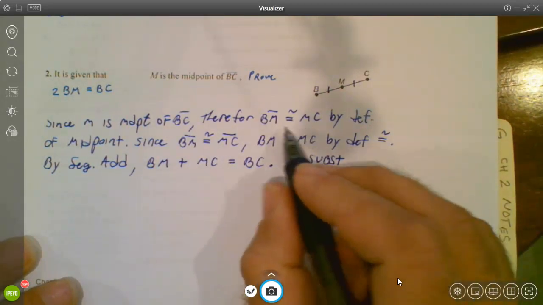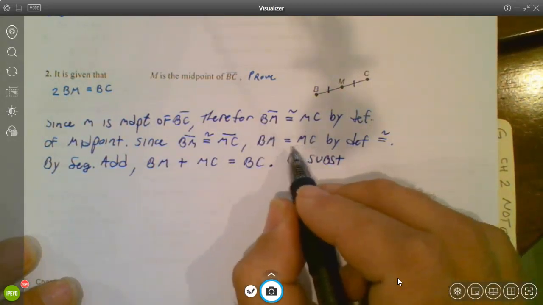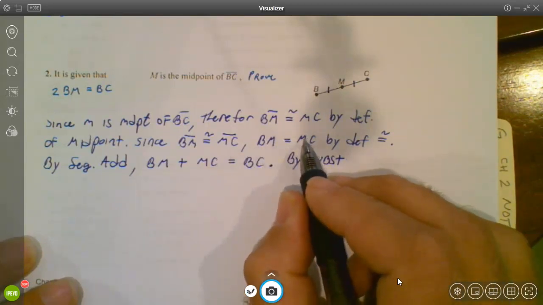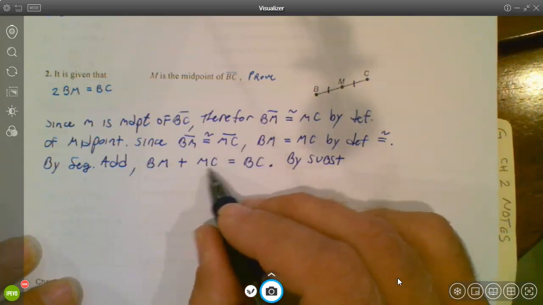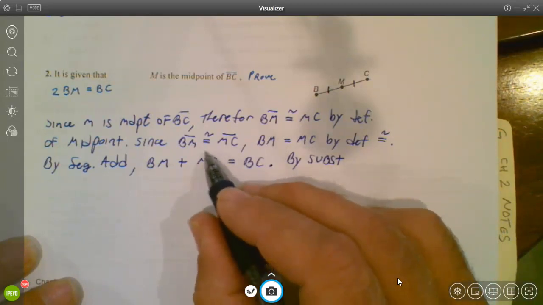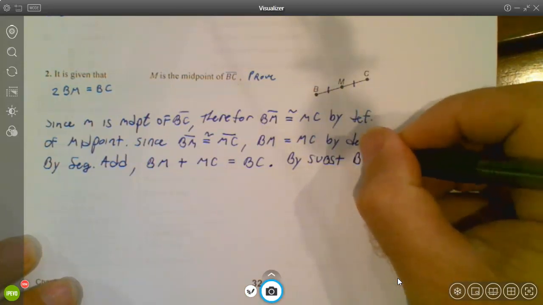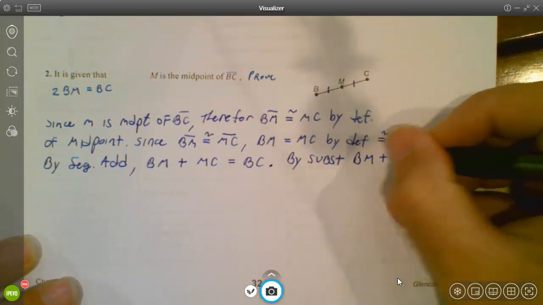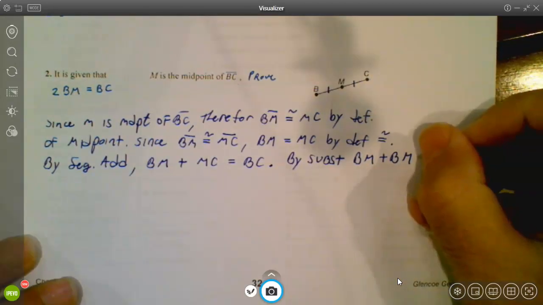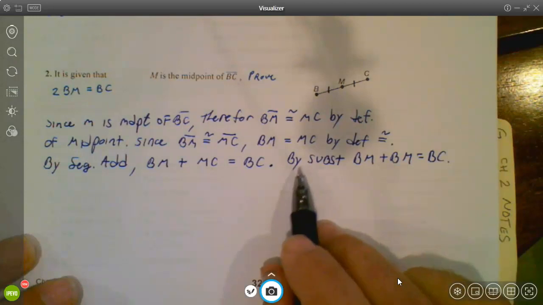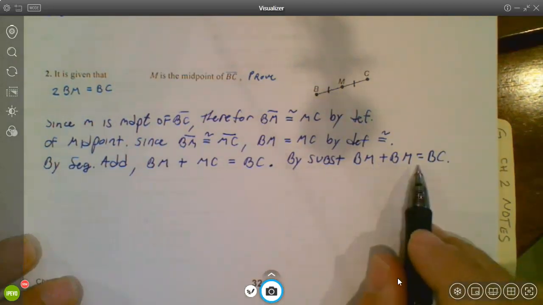Because of this statement right here, I can now sub in BM for MC. So by substitution, BM plus BM equals BC. So here's my reason, and here's my statement.